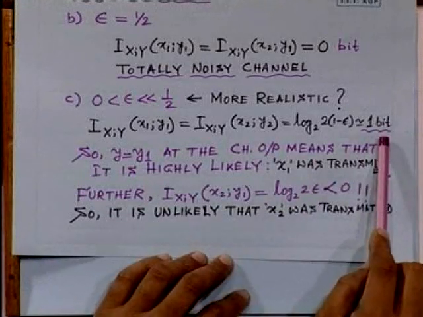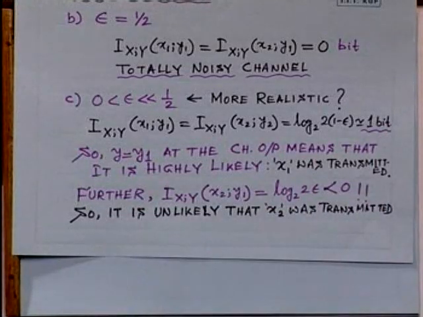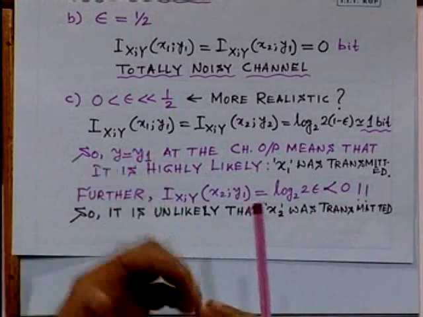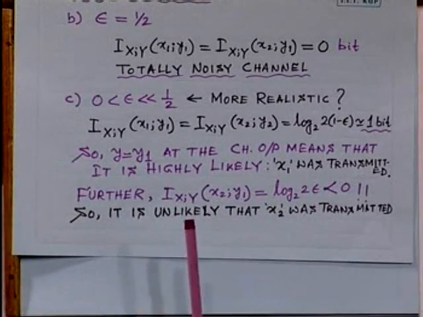So, for such low values of epsilon close to 0, one can approximate and see that the mutual information for this category of transition is about 1 bit. Whereas, what happens to the other kind of mutual information, when x2 was transmitted and by error y1 was received, or x1 was transmitted and y2 was received in error?